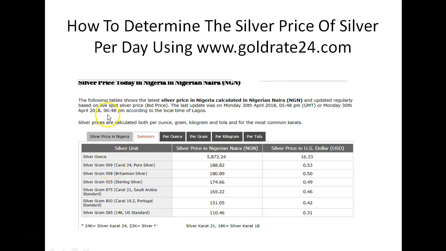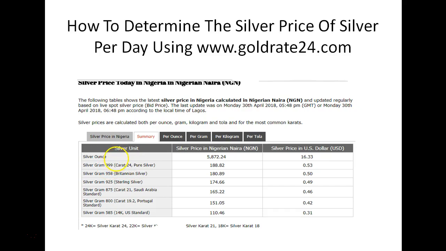I picked this up back in April 2018, and this is what we had by then. Now take a look at this screen and let me show you a few things so you can understand the price. The first silver grade is 999. That's 24 karat purity, 99.9% purity.